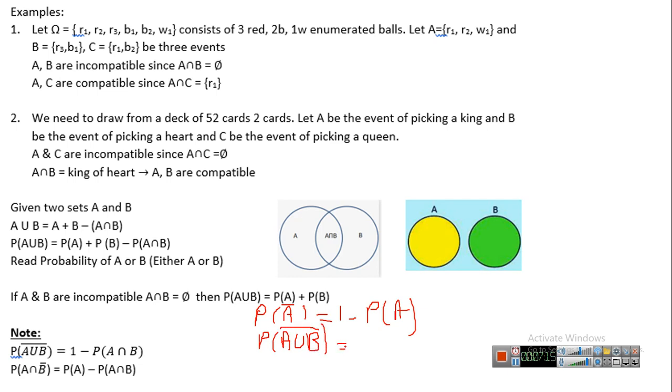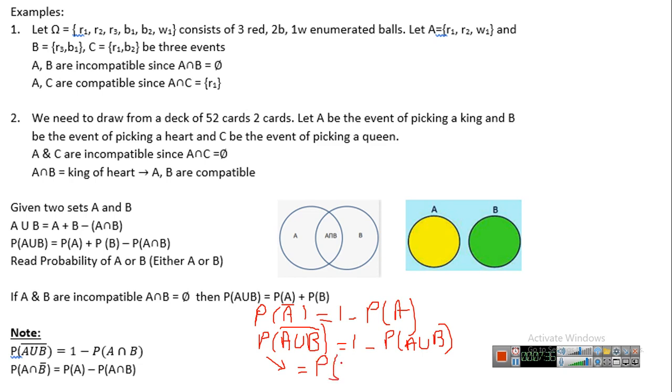Either you say it's 1 minus, like we did above, P of A union B, meaning I want everything outside A union B. Or it can be written by taking the complement of each one.